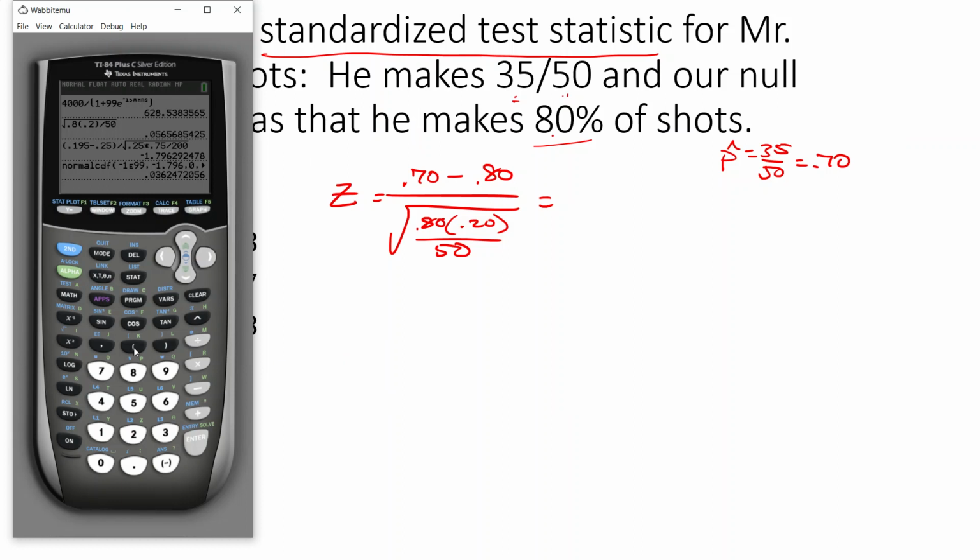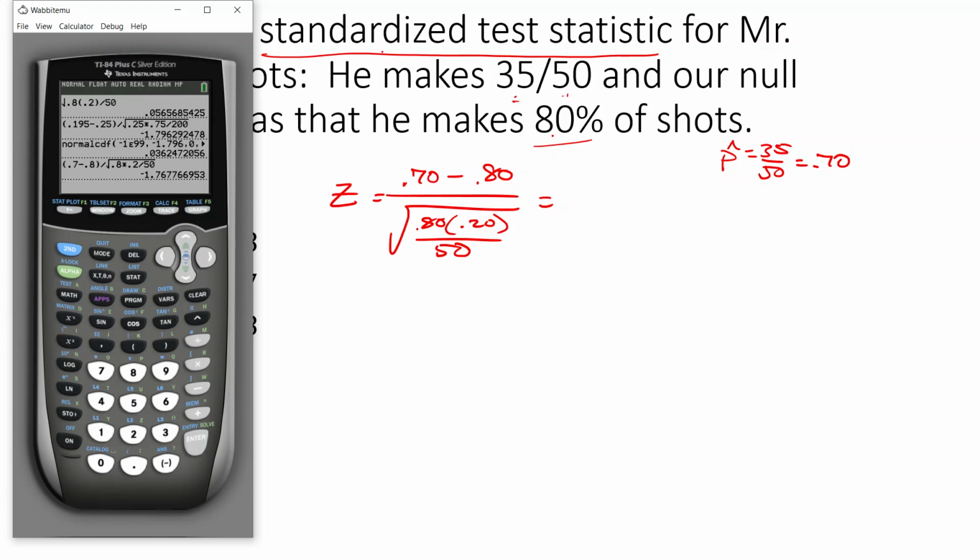In parentheses 0.7 minus 0.80, divided by the square root of 0.80 times 0.20 divided by 50, and that should give us our answer, negative 1.767.